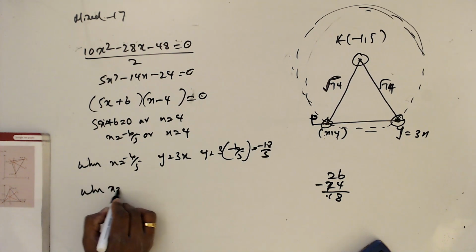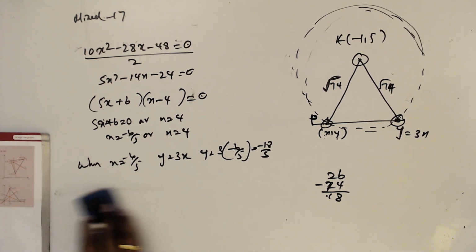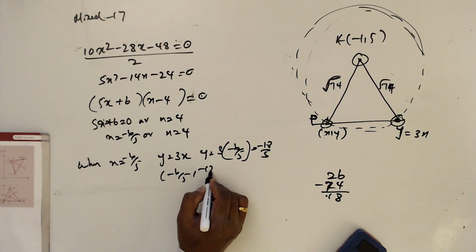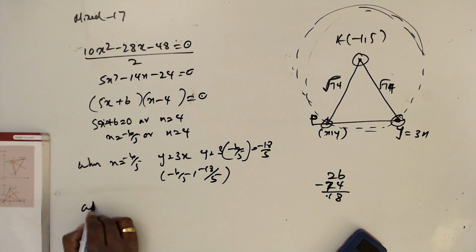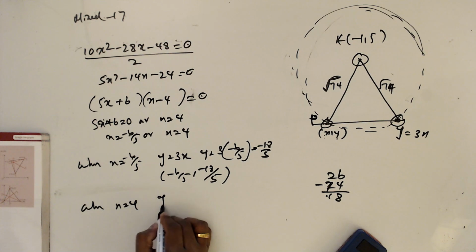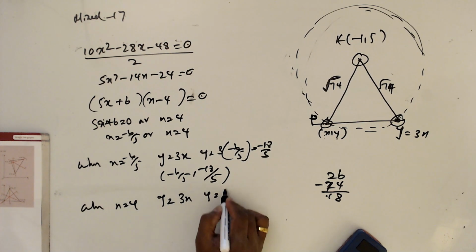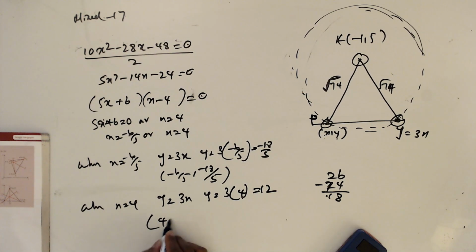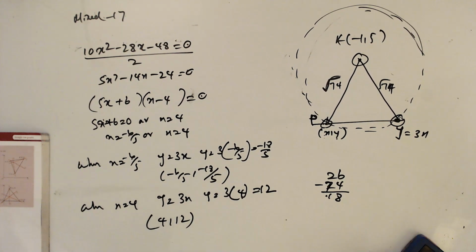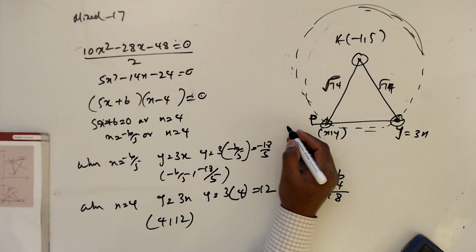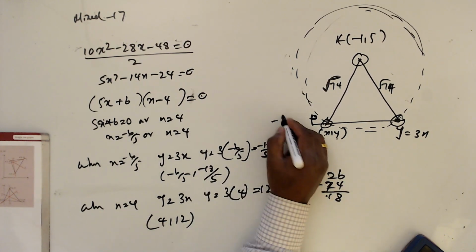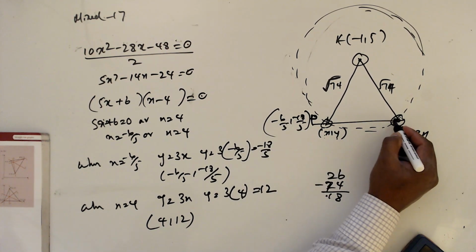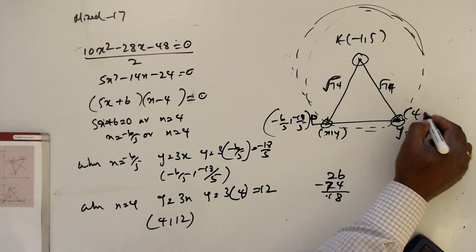When x equals 4, y equals 3x, so y equals 3 times 4, which is 12. Now the point is 4, 12. So one point is minus 6 over 5, minus 18 over 5. The other one is 4 and 12.